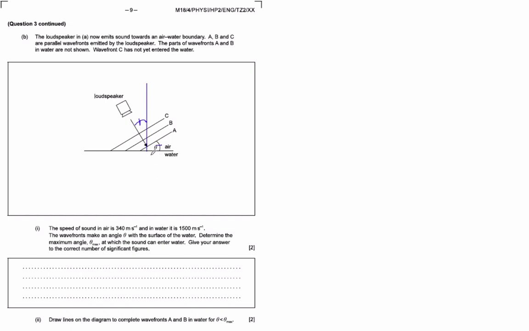And the reason is that, of course, this refracted beam is speeding up. Remember this is 340 meters per second. This is 1500 meters per second. I'll call this V1. I'll call that theta 1. I'll call this theta 2, or sorry, that's V2, right?